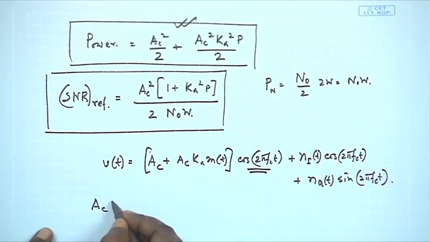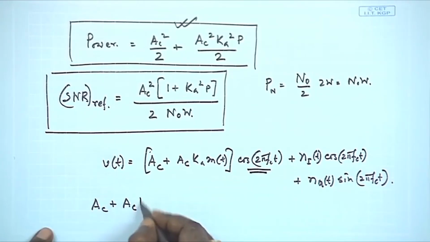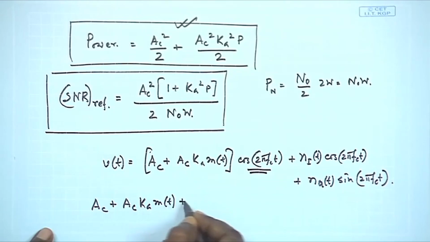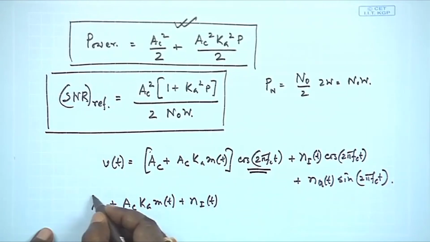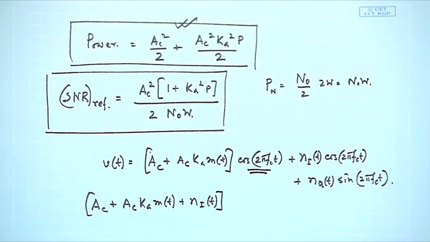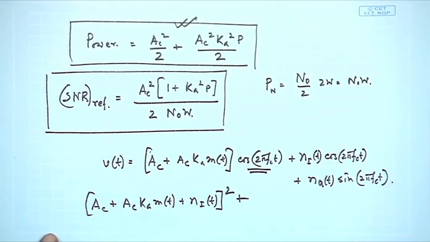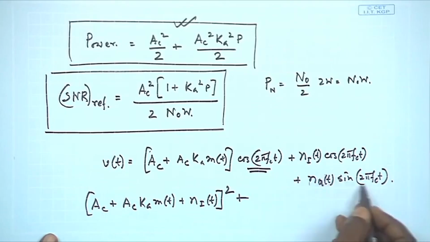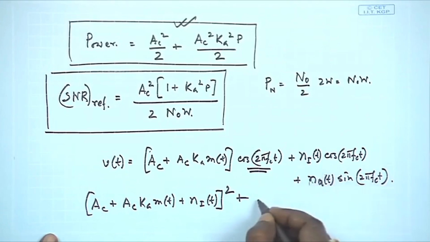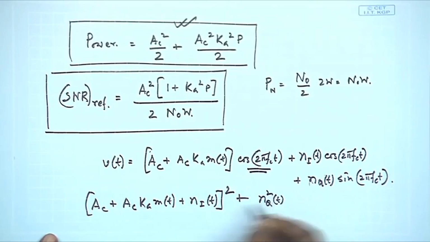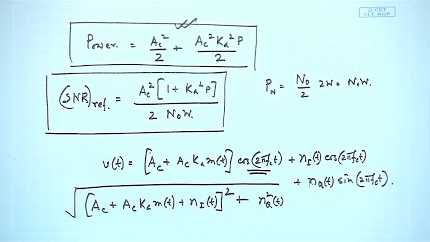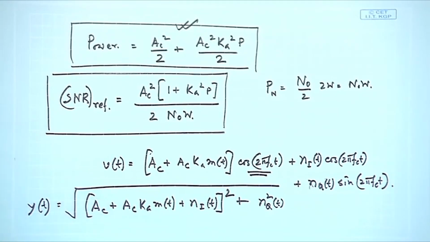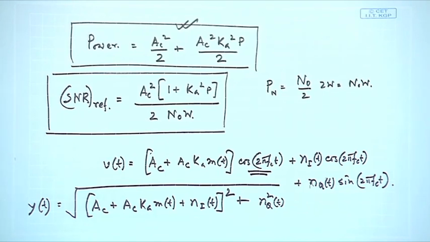The coefficient of cos is A_c k_a m(t) plus n_i(t). So, this squared plus the coefficient of sin, which is n_q(t), squared, and I need to take the square root of that. That must be the envelope. So, this is my y(t), because the envelope detector will exactly detect the envelope of this carrier.